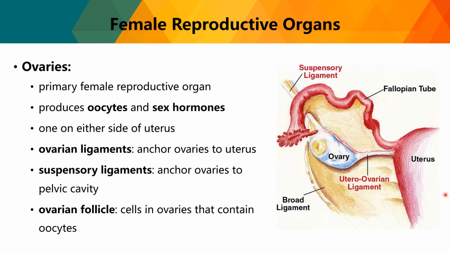And then you also have the suspensory ligaments that anchor the ovaries to the pelvic cavity, and then the ovarian follicle, which is the cell in the ovaries that contain the oocytes. Okay, so you also have the utero-ovarian ligament, which suspends the ovary to your uterus. And then, of course, a broad ligament here.